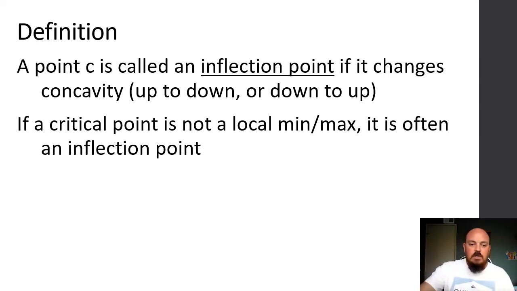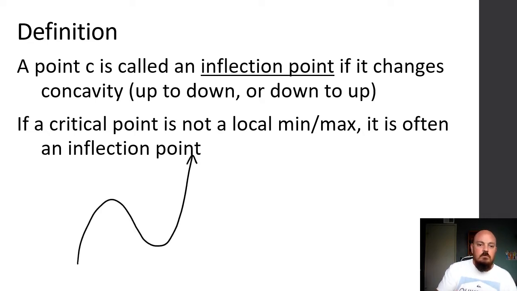So let me draw you guys a quick picture of a graph here. Let's say we had a graph that looks like this, and I wanted to talk about where it's concave up and concave down. I'm going to use the same colors that match the picture I showed you before. I'm going to do blue for concave down.